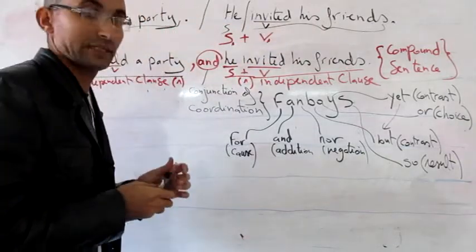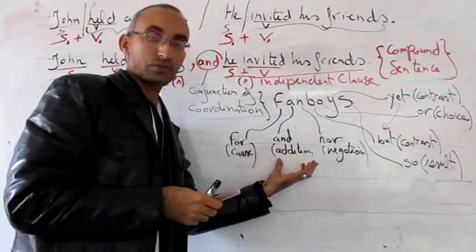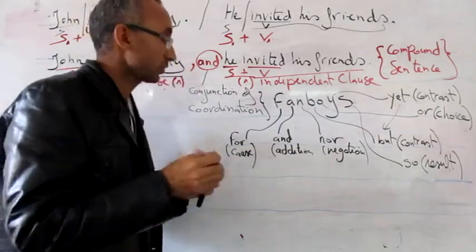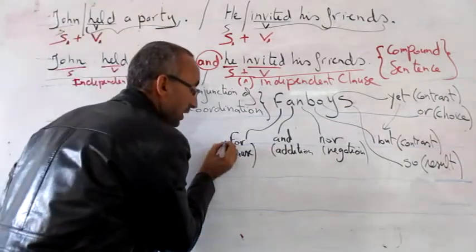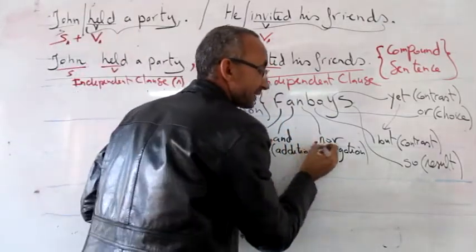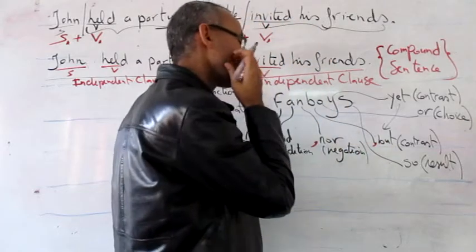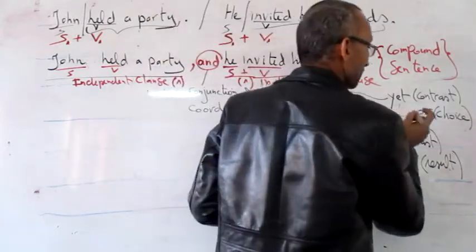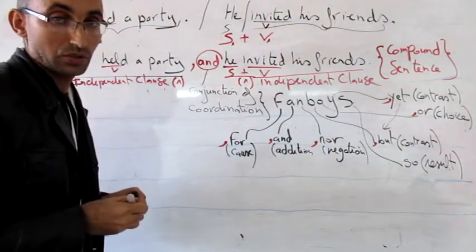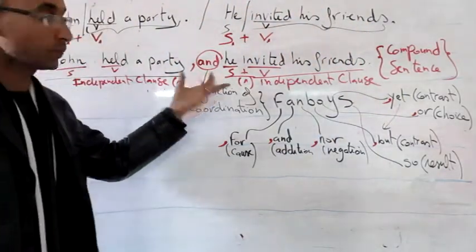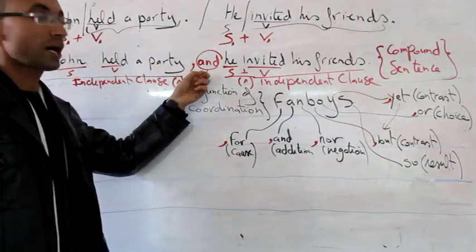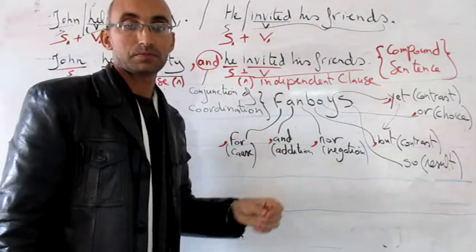All these conjunctions of coordination, or all these FANBOYS, should always be preceded by a comma when they join two independent clauses in my compound sentence. Here I can replace and with so, and I say, John had a party, comma, so he invited his friends.